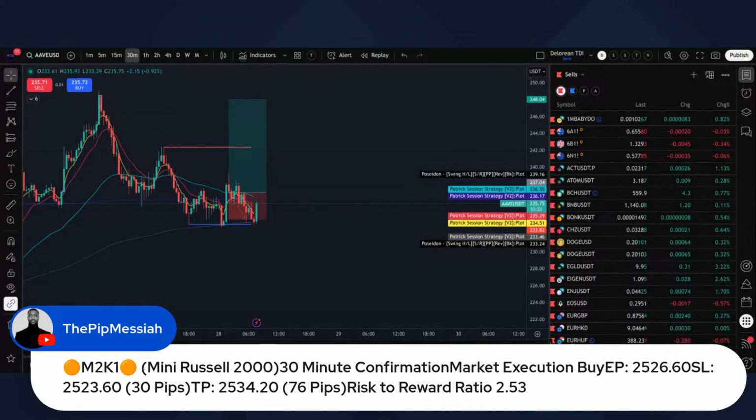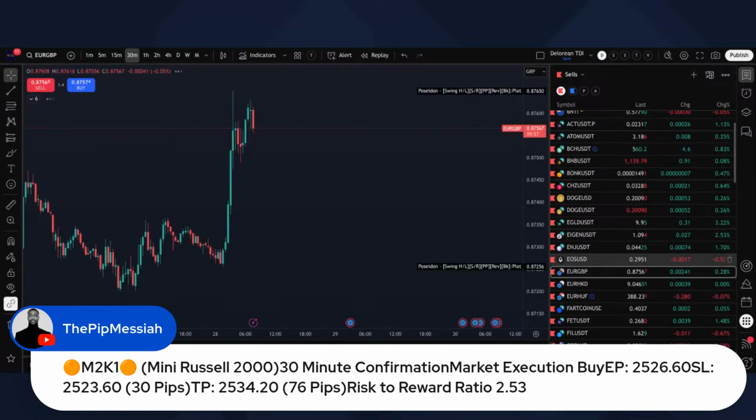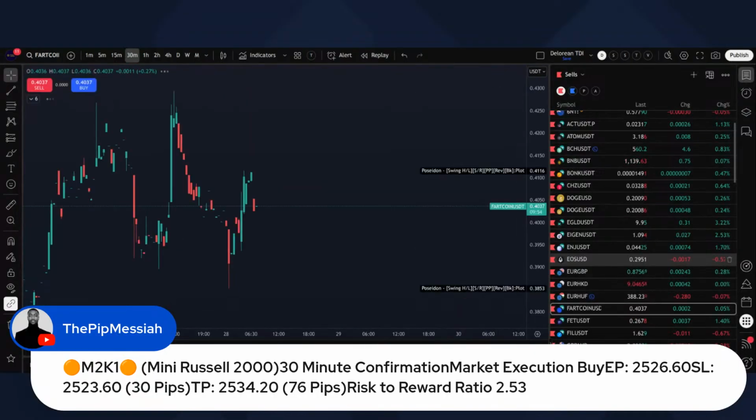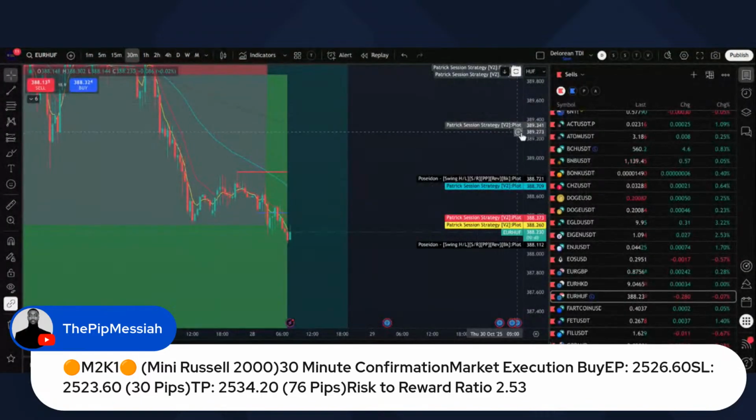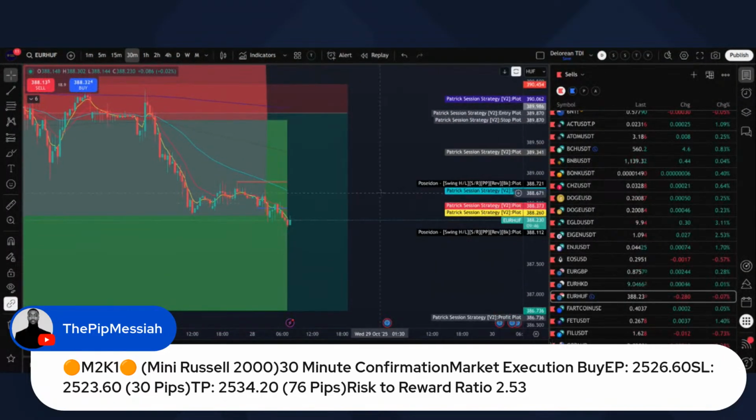Hold on here. Looks like we're about 50% of the way to take profit on euro versus the Hungarian forint.